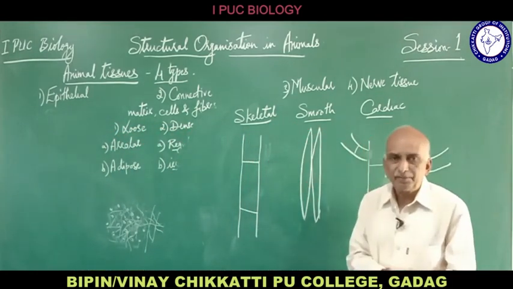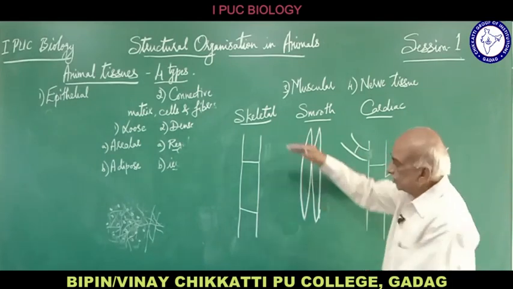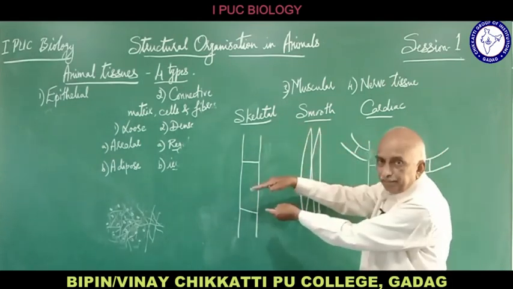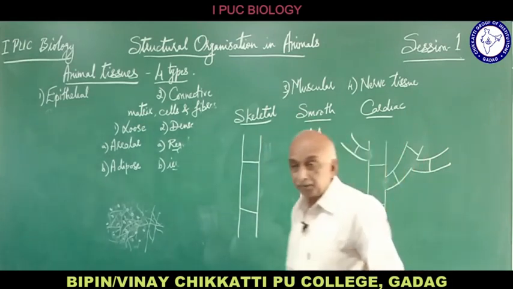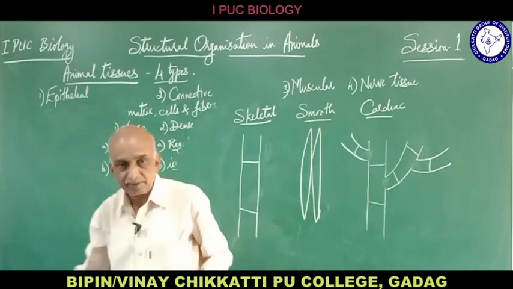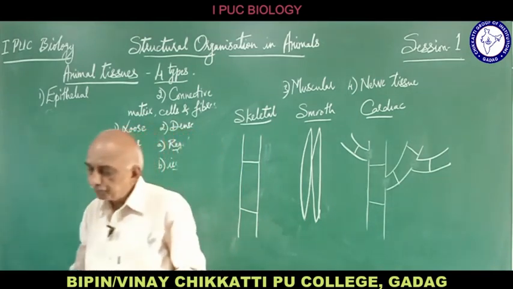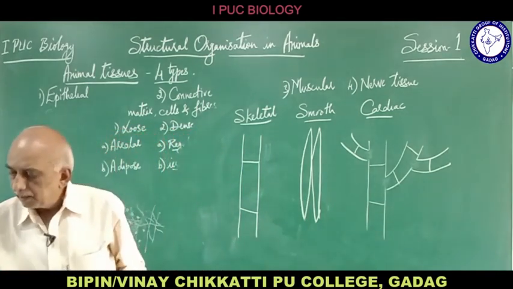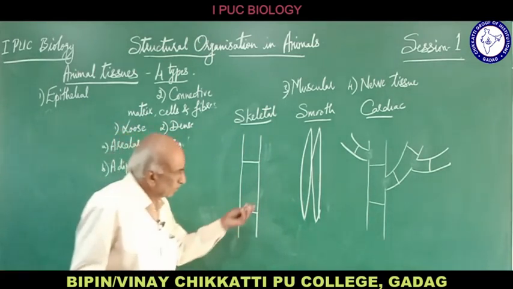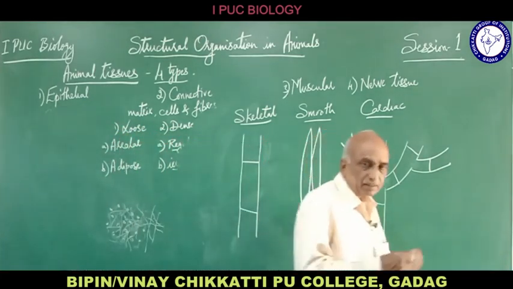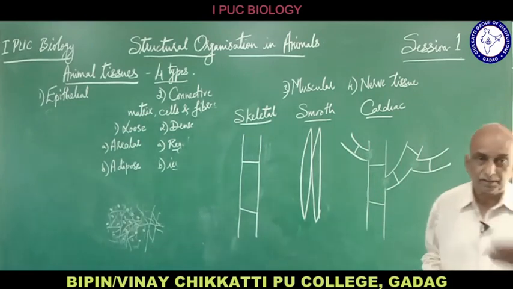All these three have the property of elasticity. That means they can be shortened, they can be contracted, they can be stretched because of the presence of muscle proteins. They can be shortened and relaxed.